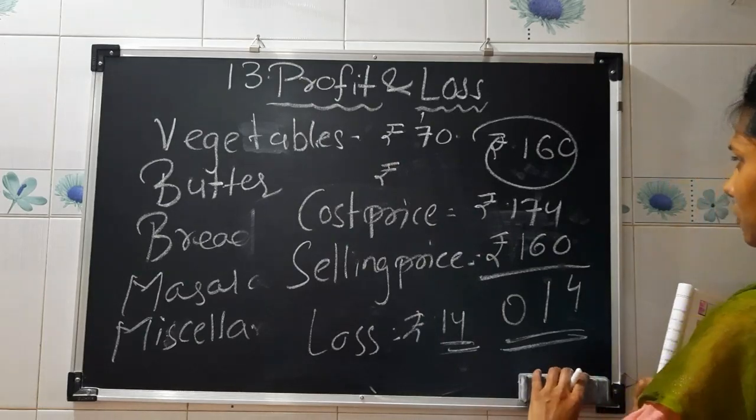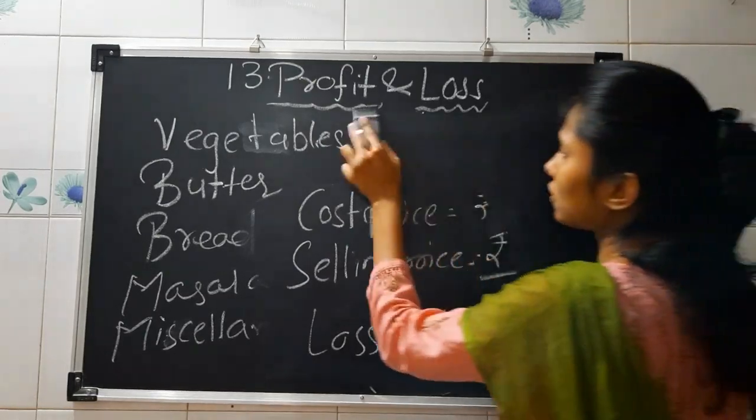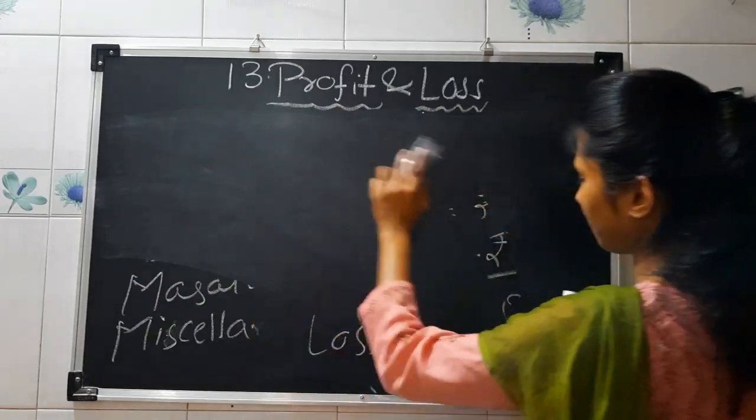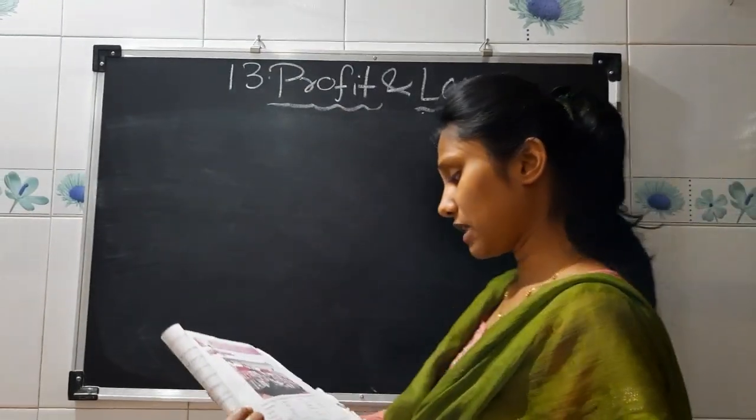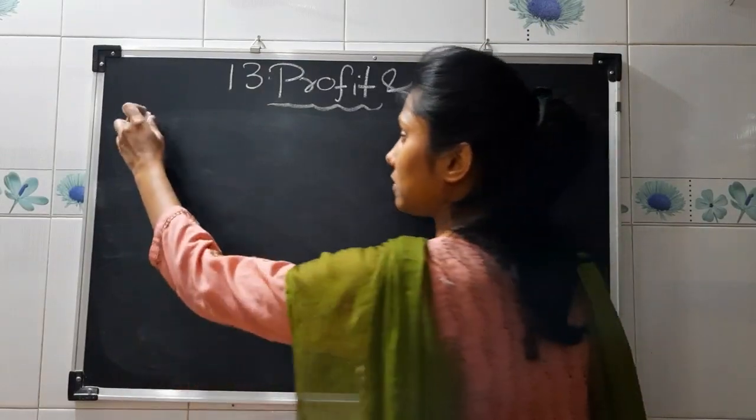Understood? Now they have also given you the second example. Details of Sarita's shopping for her stall.